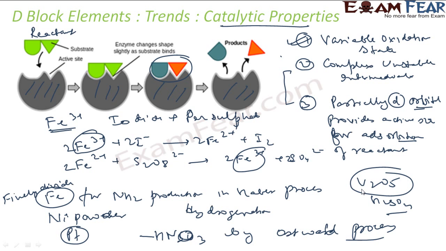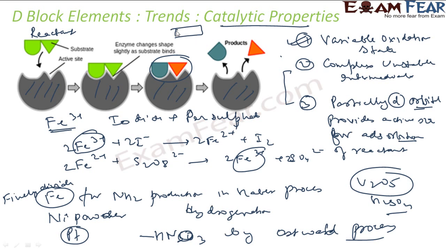As I told you, these catalysts provide surface area, because they have d and s orbitals. These d and s orbital electrons help in binding the reactant to the surface, and with this the concentration of reactant on the surface increases.